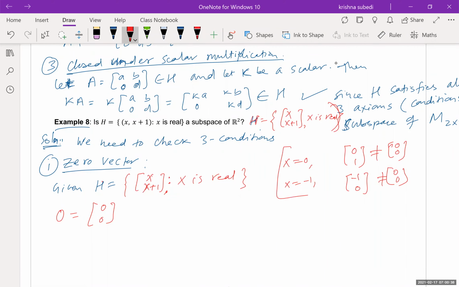As we have seen, there is x and x plus 1. No matter what value you choose for x, it is not going to be (0, 0).